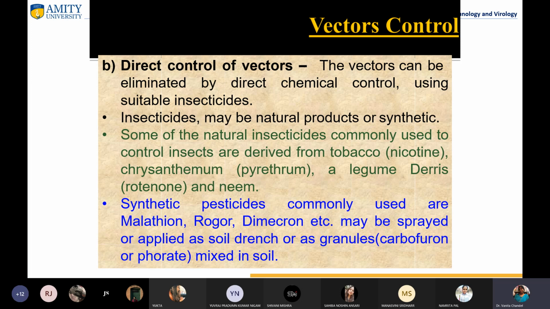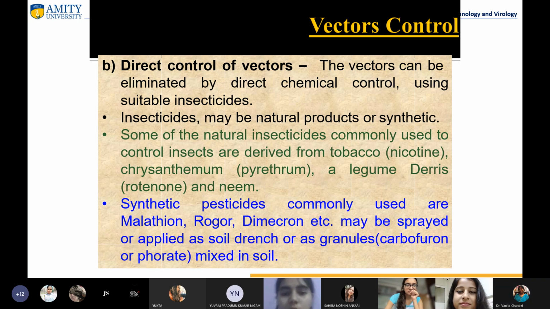Yes, Adesh, Athoiba, present, ma'am. Ayushi, present, ma'am. Devanshi, present, ma'am. Ishita, present, ma'am. Kshitij, present, ma'am. Namrata, present, ma'am.